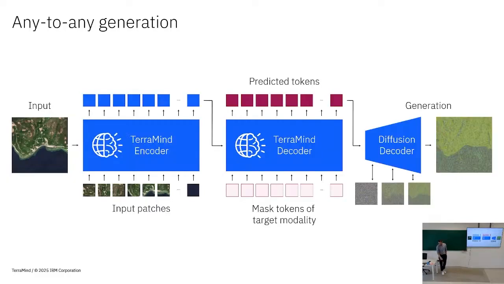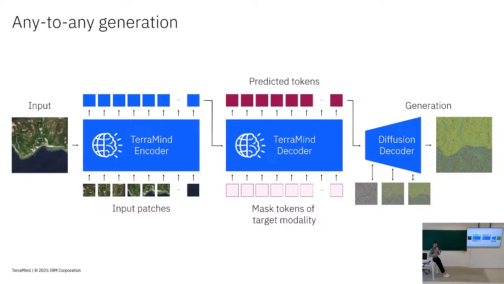Cool. Talking about how those bits work, any-to-any generation. For any-to-any generation, effectively the idea is you embed all the patches from one modality, and then you have mask tokens for the other modality that you want to generate, which means, in the old world it would have been a reconstruction.